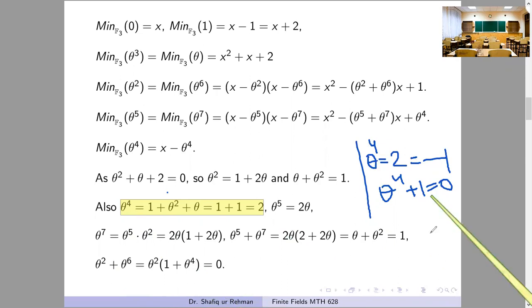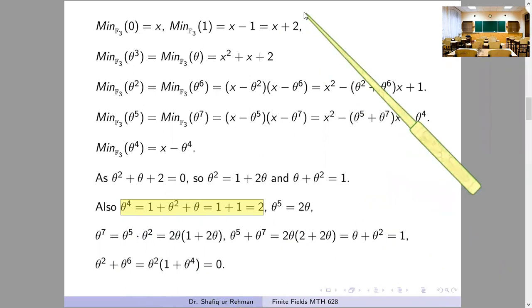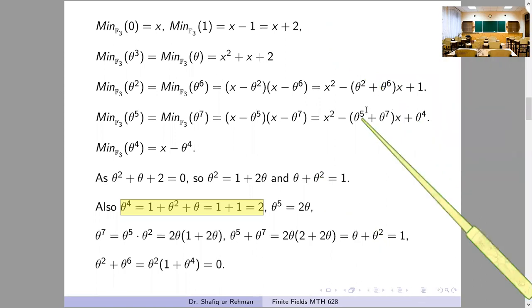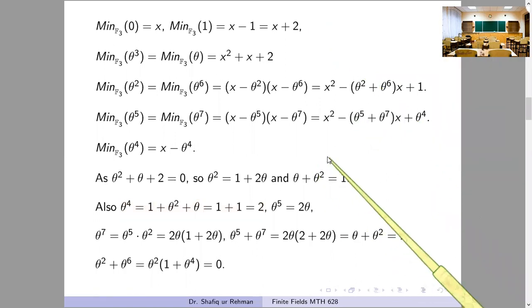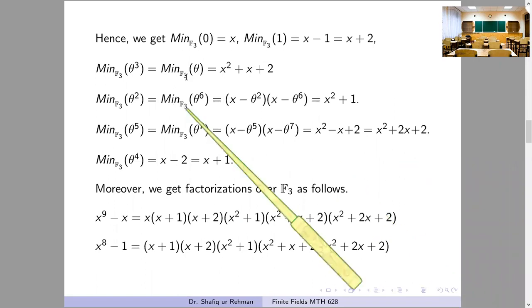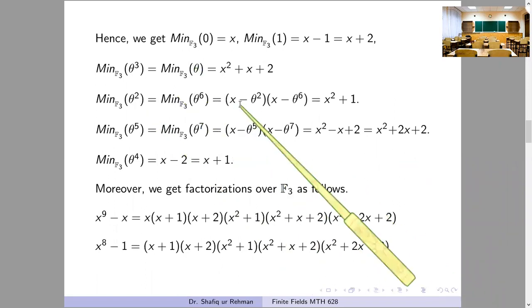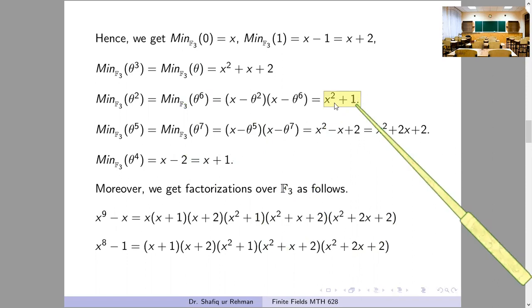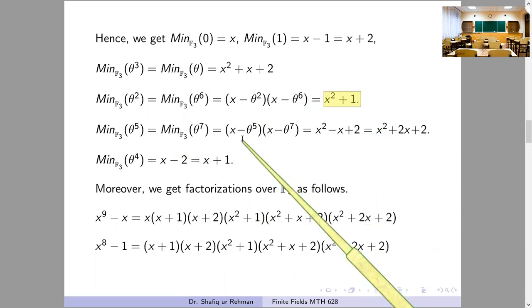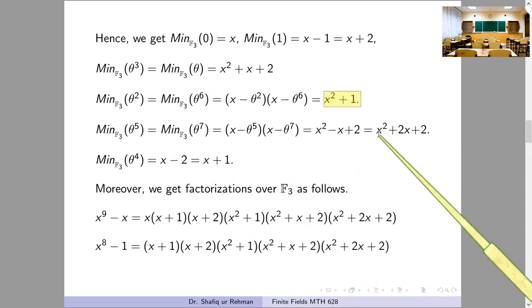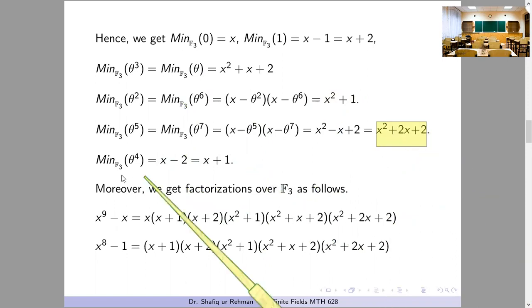So in this way we can find the values for these expressions. And after putting the values, we obtain that the minimal polynomial of theta square is this one, and the minimal polynomial of theta power 5 and 7 is this one. And also the minimal polynomial of theta 4 is x minus 2.